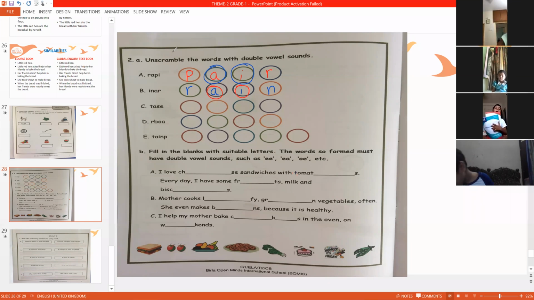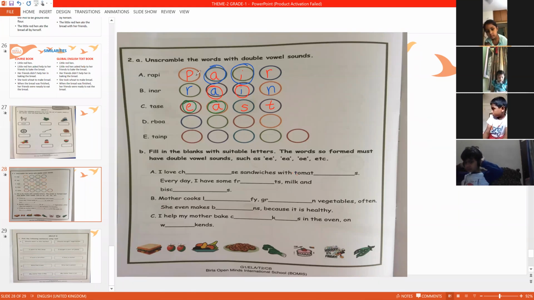Now next one. Tell me what is the next one? Next word. East. Very good. East. E-A-S-T. East. So what are the vowels here? E and A are the vowels.